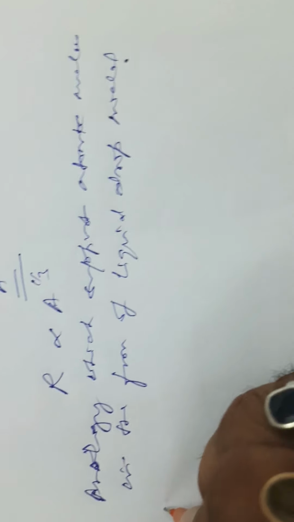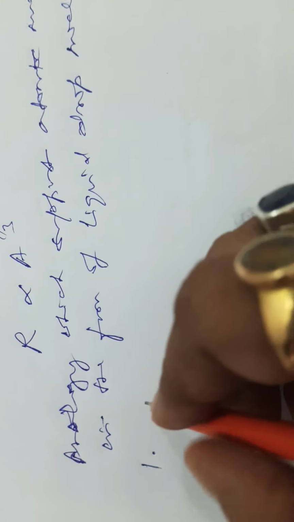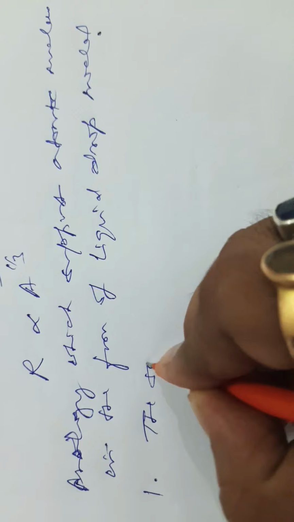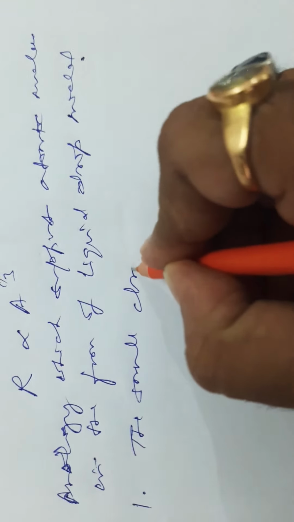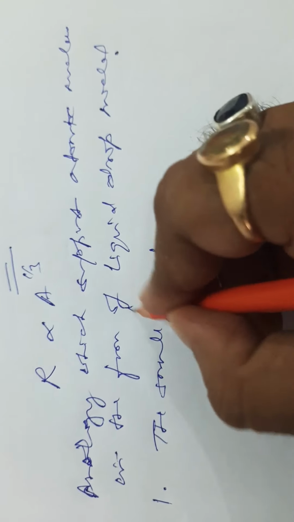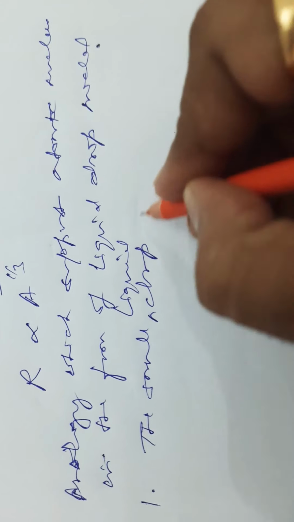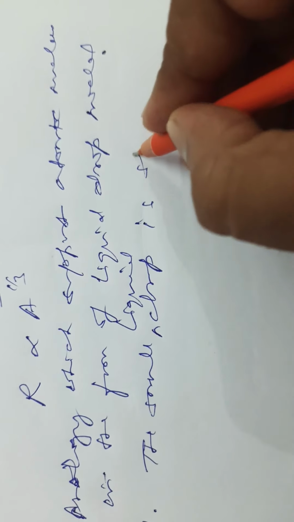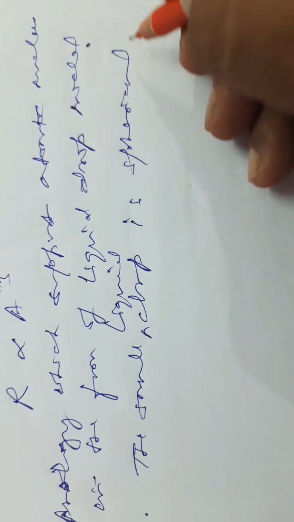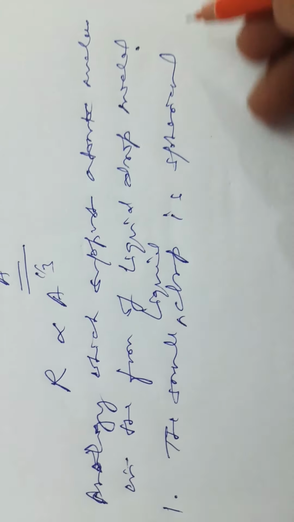These may be summarized as number 1: the small liquid drop is spherical. That we know because of surface tension.